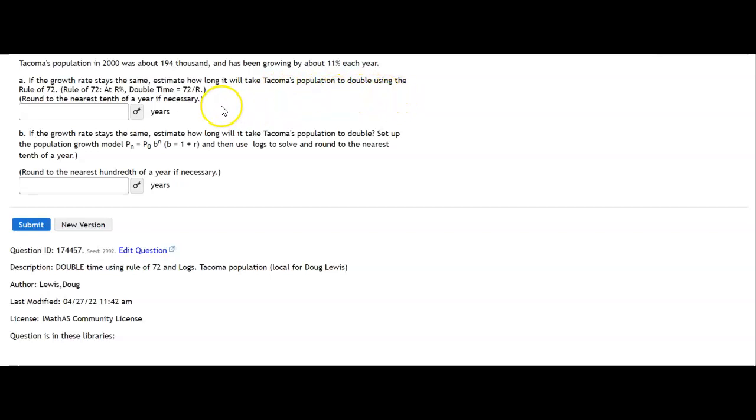rule of 72. The rule of 72 helps us find doubling time, and I'm just going to use this little formula. Double time I'm going to call dt. The double time is equal to 72 over R, capital R. Now, capital R is the growth rate in its percent form.